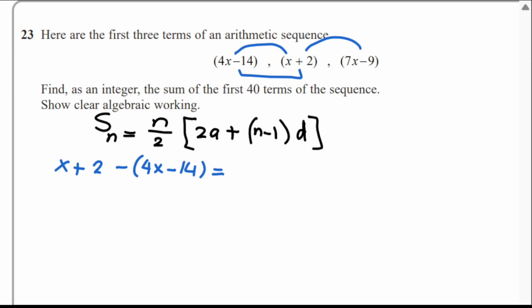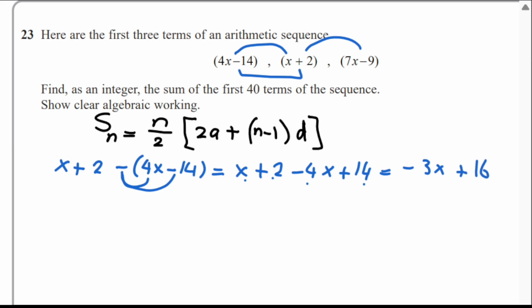And that equals, keep the x plus 2 for now. Bring this negative inside, so it's going to be minus 4x and plus 14. So x minus 4x is minus 3x and 2 plus 14 is 16.